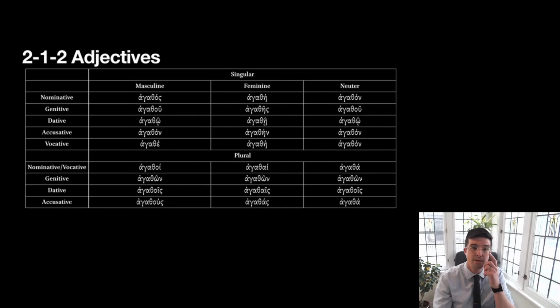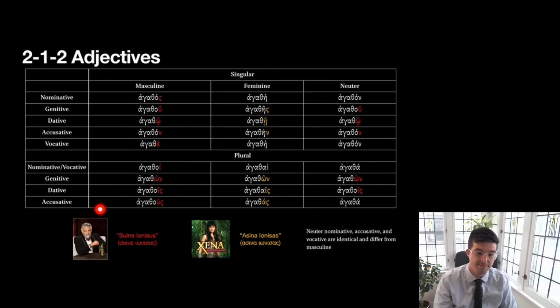So here we see, once again, a paradigm we've already seen before, the paradigm for ἀγαθός, which is a 2-1-2 adjective, a second declension in the masculine, a first declension in the feminine. So notice all these endings here are first declension endings in the feminine, and then second declension in the neuter. And this lines up with those figures that we have as our mnemonics for the different declensions.